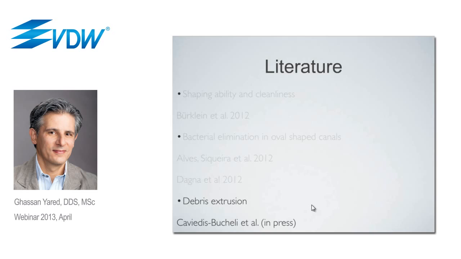I'm not going to discuss this paper here, but this is probably one of the best papers published on debris extrusion. And in that paper, they showed that there is almost no debris extrusion with the Reciproc system.